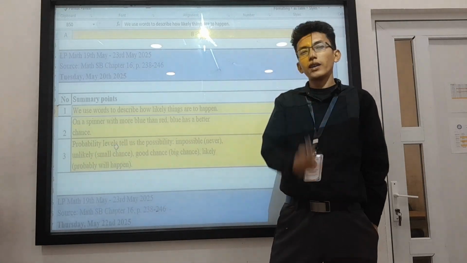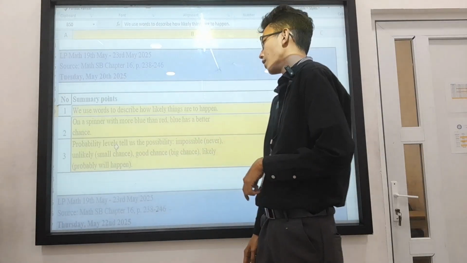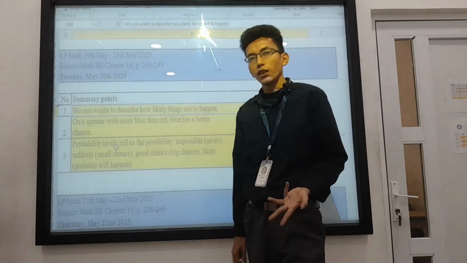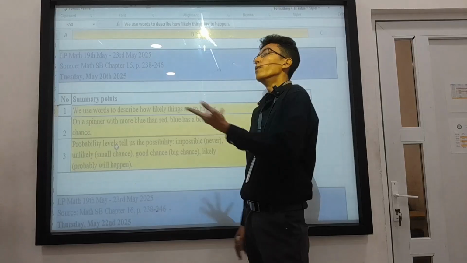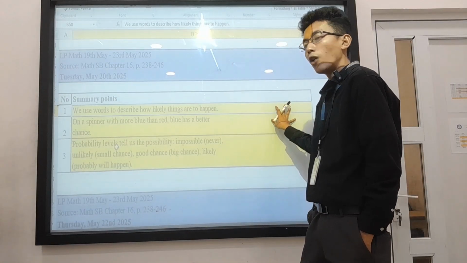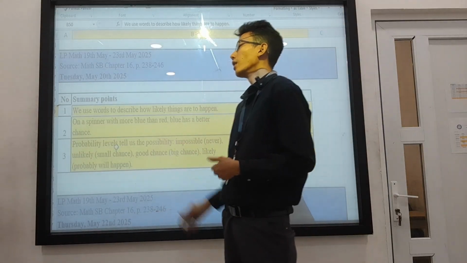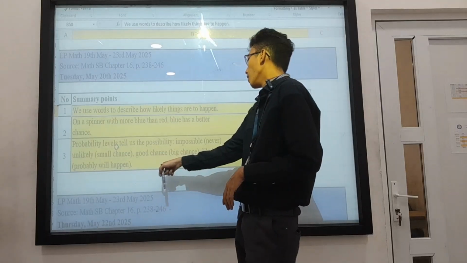Some of you, I know, are buying lottery from Edward. The chance of you winning something from Edward is so unlikely. That means if you have a 10% probability of winning something, or like 0.1%, it will probably not happen. It has a small chance to happen.